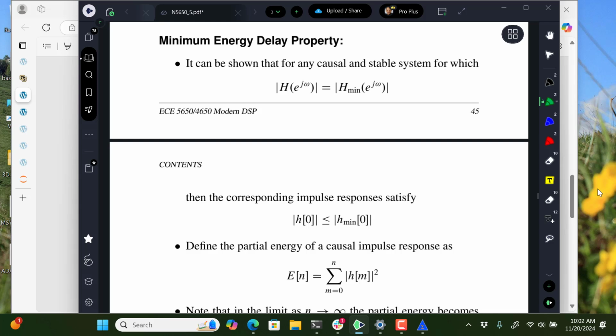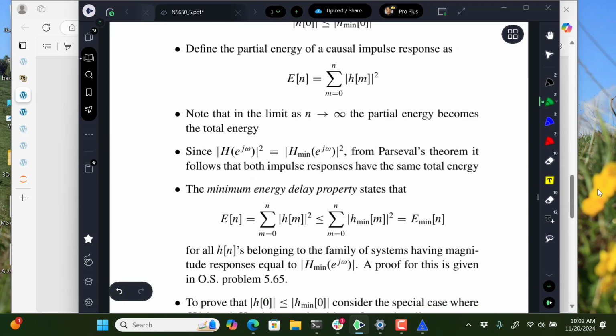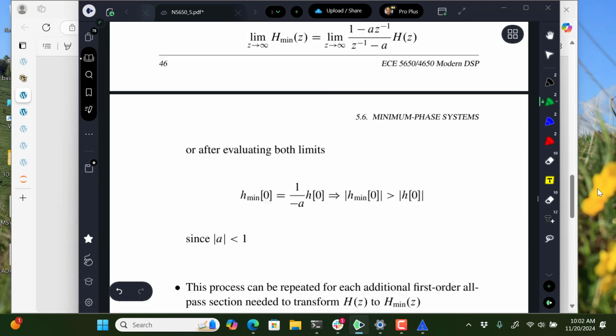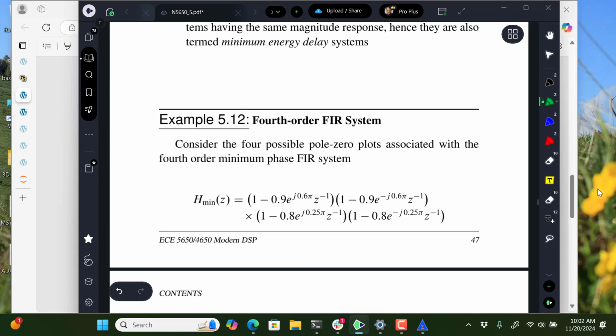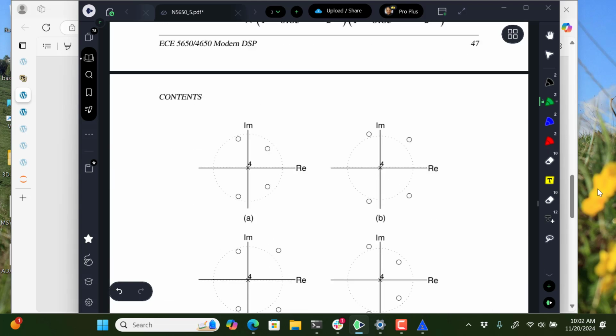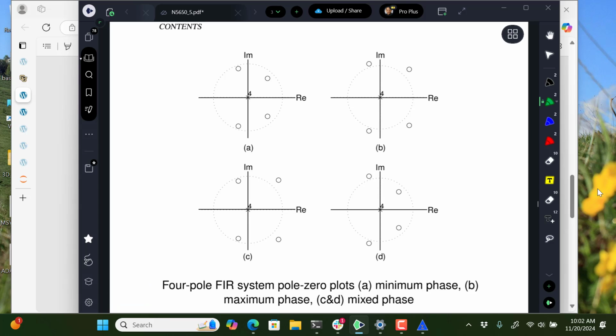Even though one started earlier than the other, it still caught up and passed it. So a property of minimum phase systems is that because both the poles and zeros are inside the unit circle, they get the energy through the system faster. So we have this minimum energy delay property. And there's an example in the book that looks like this. It says, here are 4 systems, and this is the bonus problem.